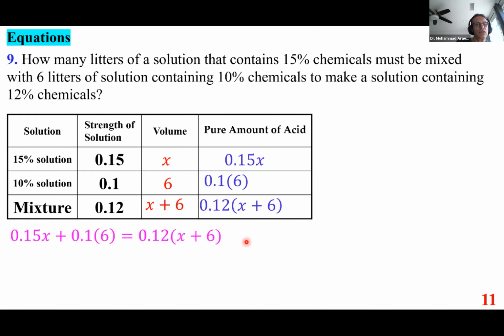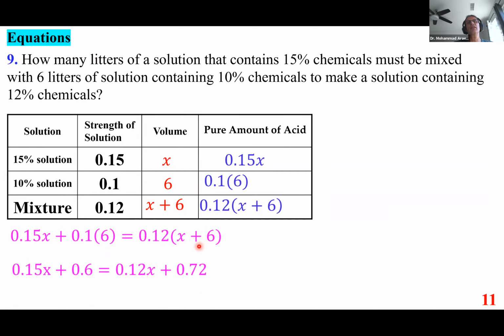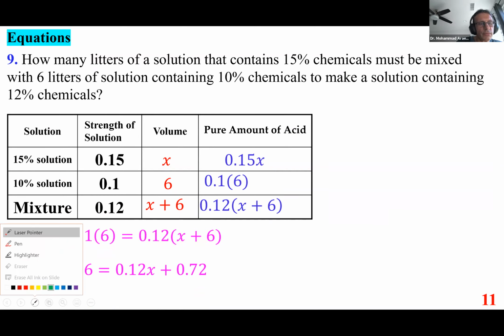We are practically done. This is 0.15x, 0.6. When you multiply these two, 0.12x. When you multiply these two is 0.72. We are going to move things around.